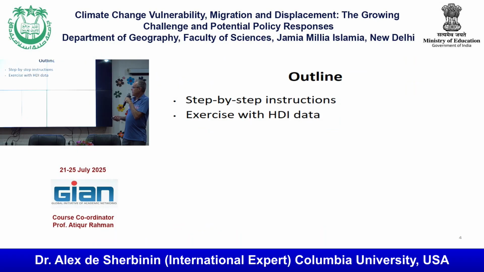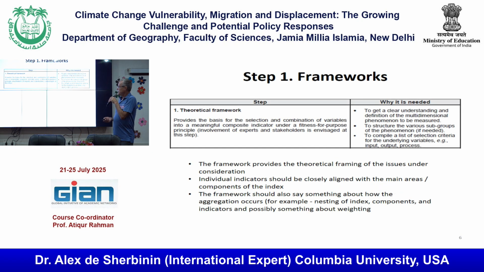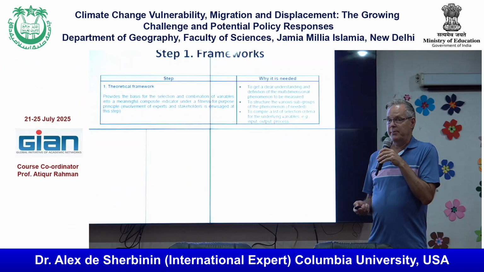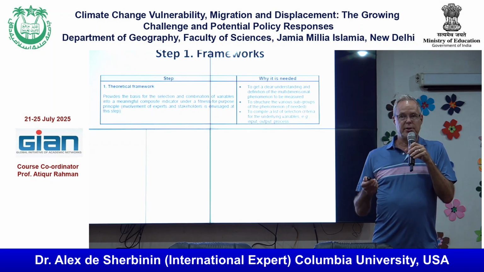The outline today is step-by-step instructions, and then we're going to do a little exercise with Human Development Index data to see how two different types of aggregation methods change results. So here are the step-by-step instructions. We've already talked a bit about theoretical framing. So in the vulnerability space, we've already seen two different framings.